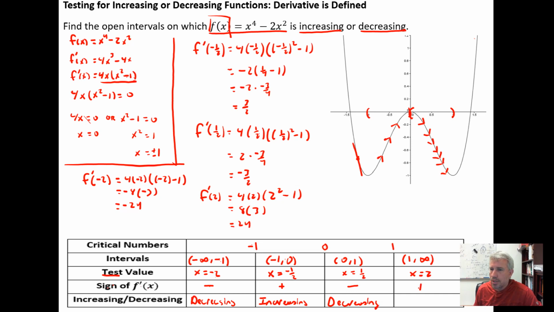So the derivative is positive in this interval, which means on this interval from 1 to infinity, the function is going to be increasing in value. So we have an increasing function. So that's how you use calculus to establish intervals over which functions are increasing or decreasing.